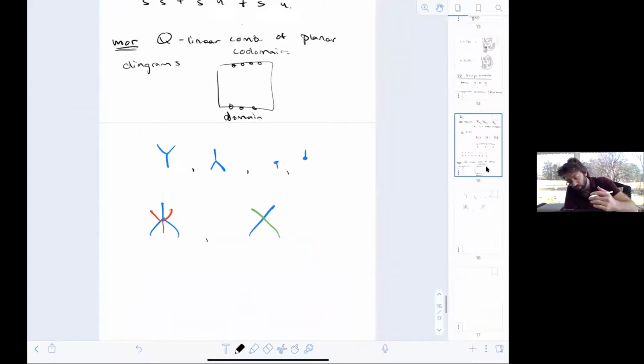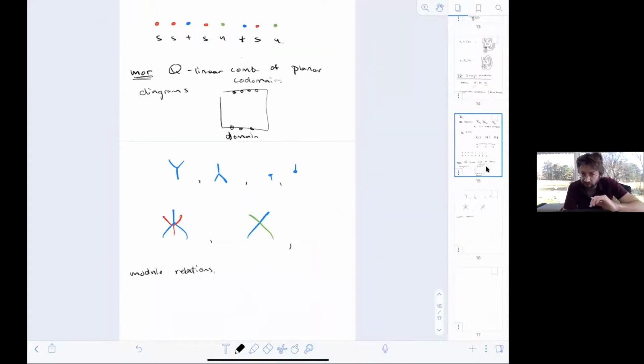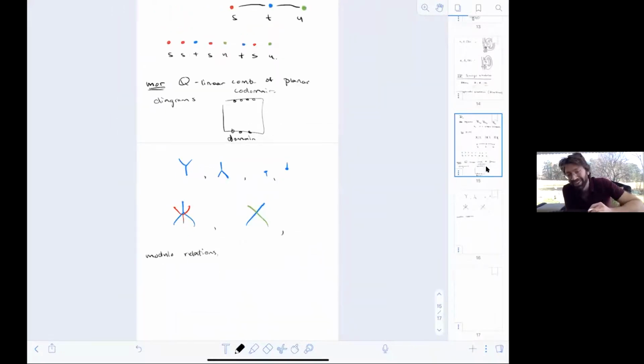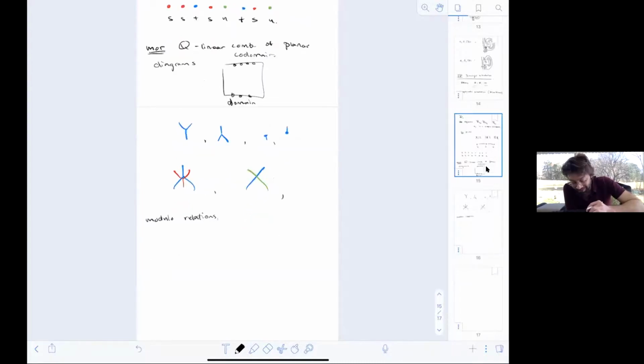But I just want to say, the morphisms in this category are generated by diagrams that can be obtained from these by gluing these diagrams together, modulo some number of relations. Okay, and I really don't want to go into what the relations are at the moment. Sorry, I'd like to not run out of time entirely.